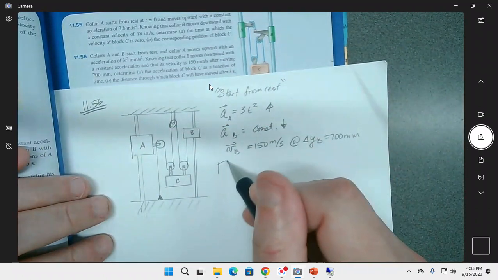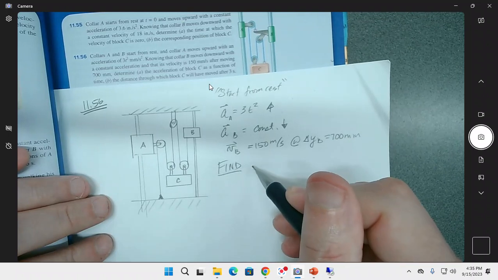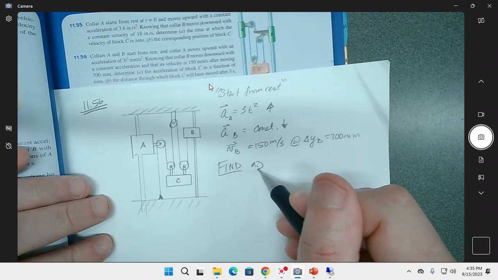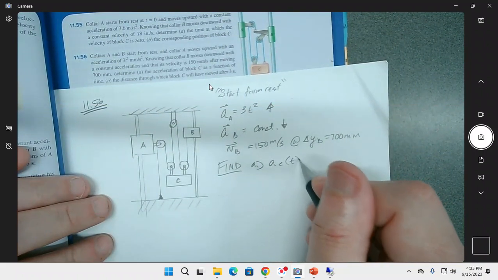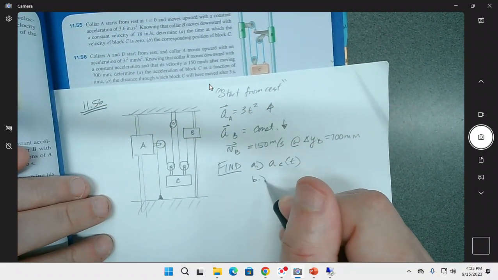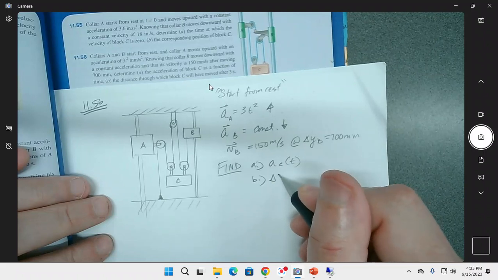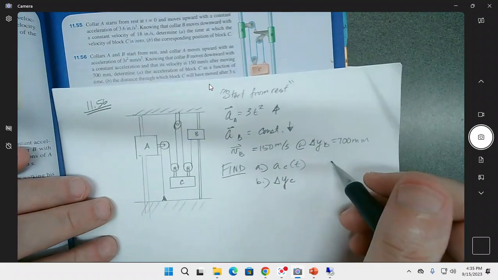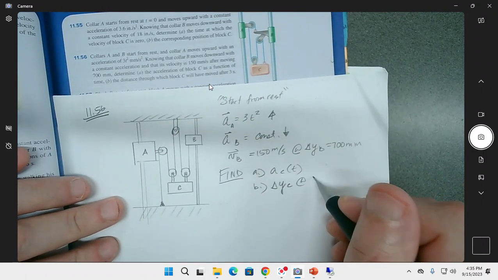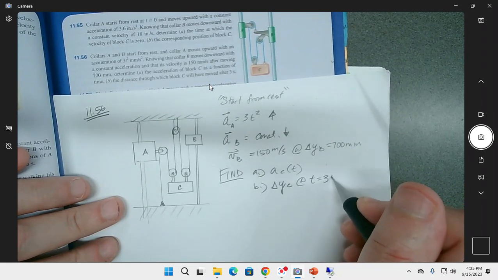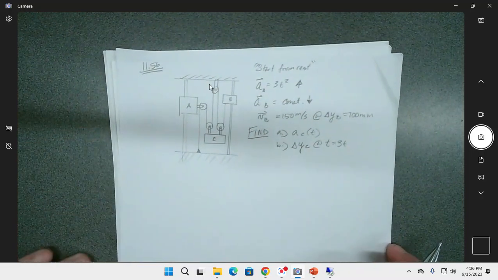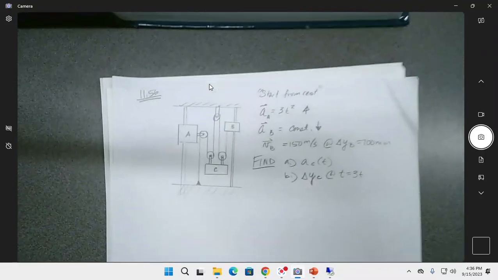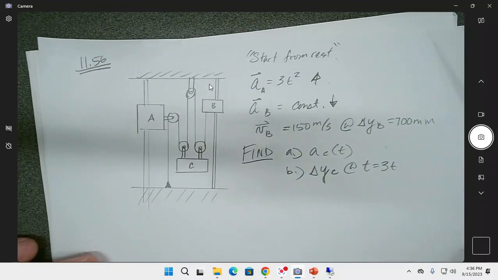Now we have to find the acceleration of C as a function of time, and the distance C will move at t equals 3 seconds. They mixed some things up.